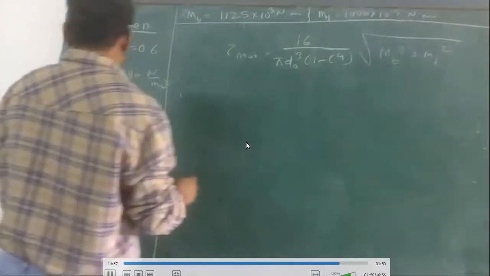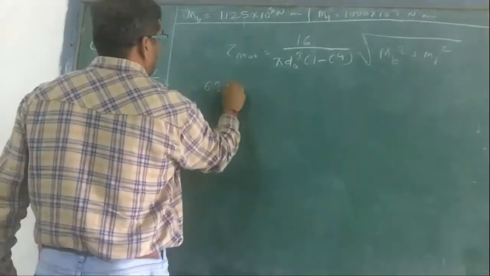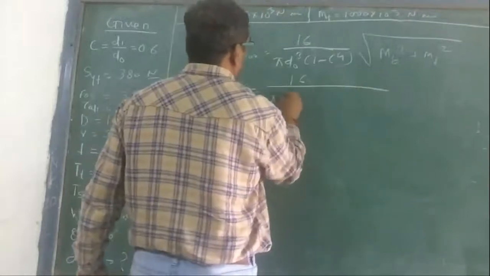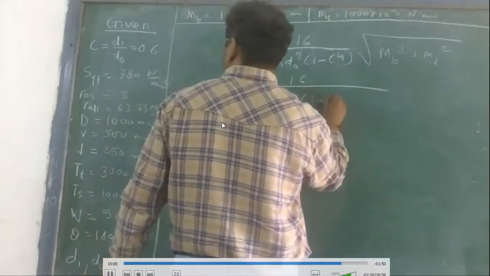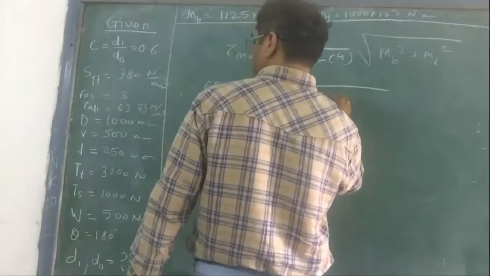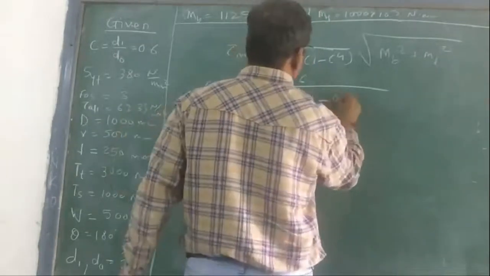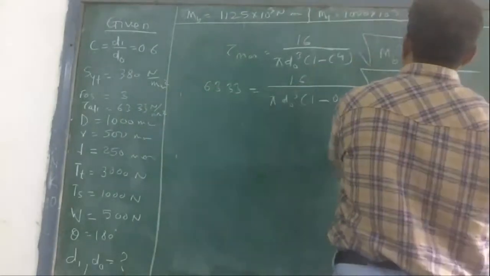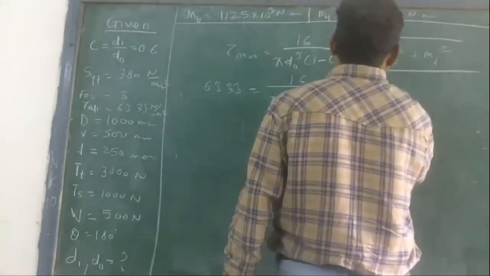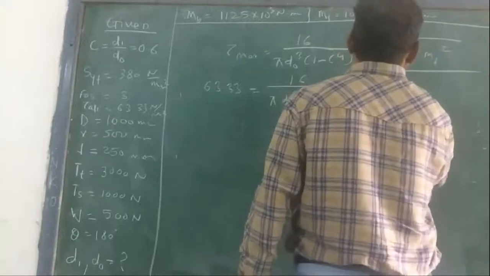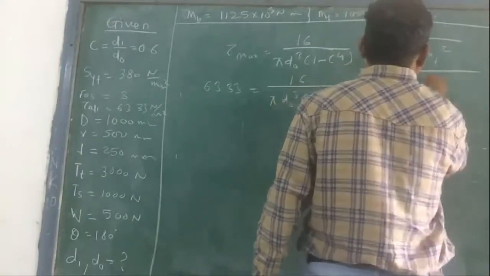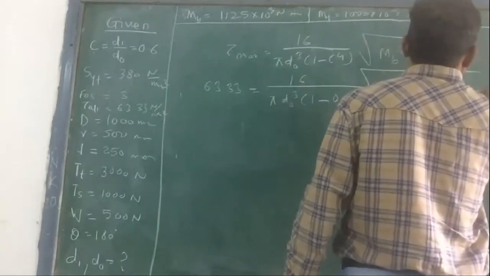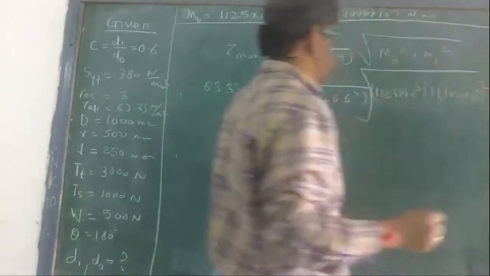Tau allowable is 63.33, equal to 16 upon pi dO cubed, 1 minus C, which is given as 0.6 raised to 4, root of MB square. MB square is 1125 into 10 raised to 3 squared, plus 1000 into 10 raised to 3 squared, root of that.